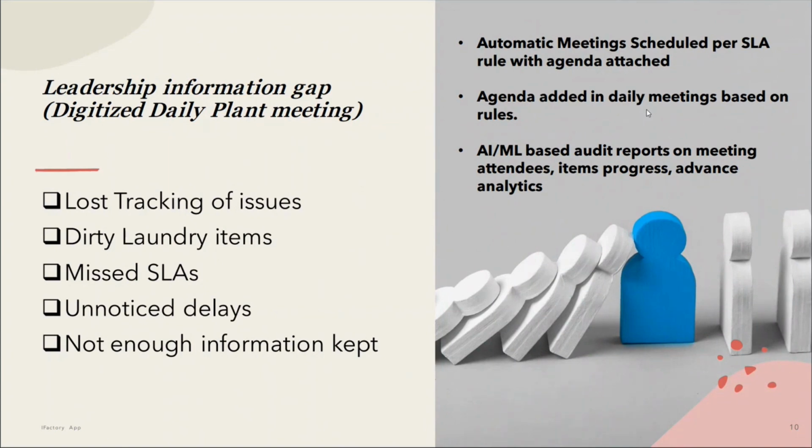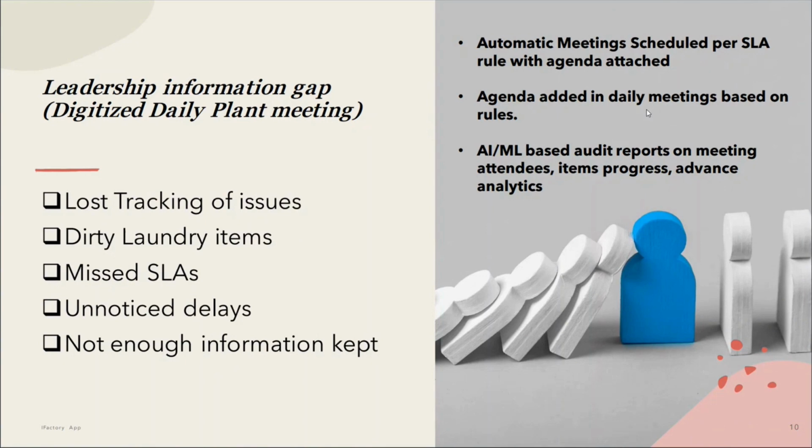If I give you an example, say there is an issue coming up in the crushing area. In the morning safety meeting, one of the operators or a supervisor made a request that this problem is lying here. The person is going to write it down on a paper sheet and it is kept there.